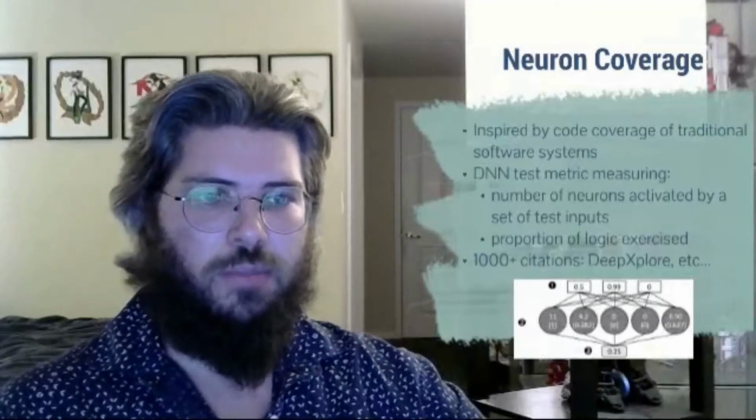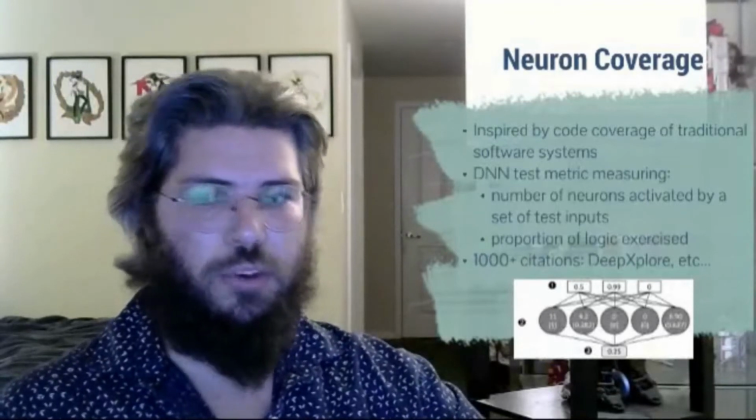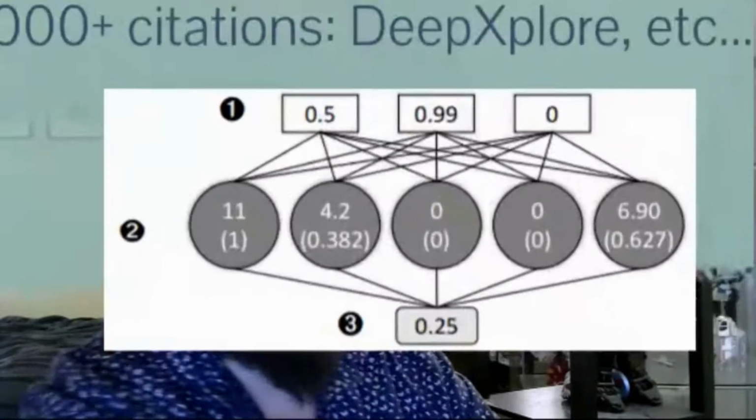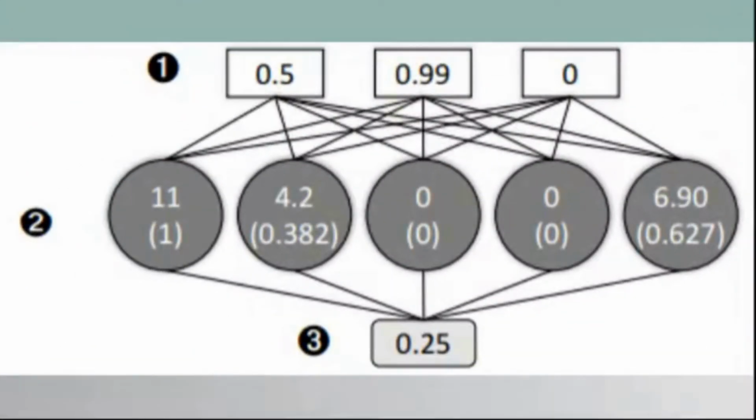As a quick illustration, let's take a look at how neuron coverage is actually calculated. So here you can see along the top inputs to a single layer neural network, which has 5 neurons in the second row. Each neuron has unscaled activations on top of the scaled activations in parentheses.